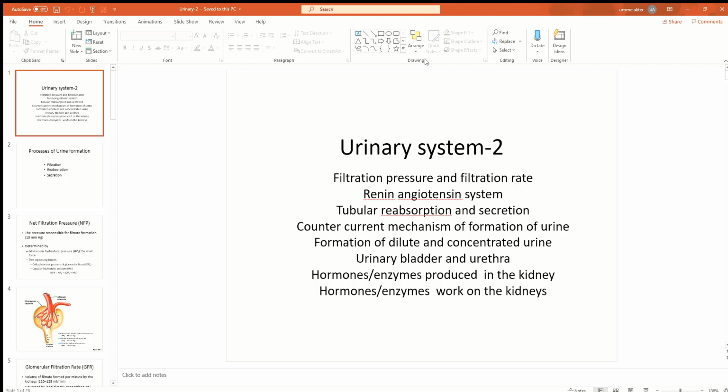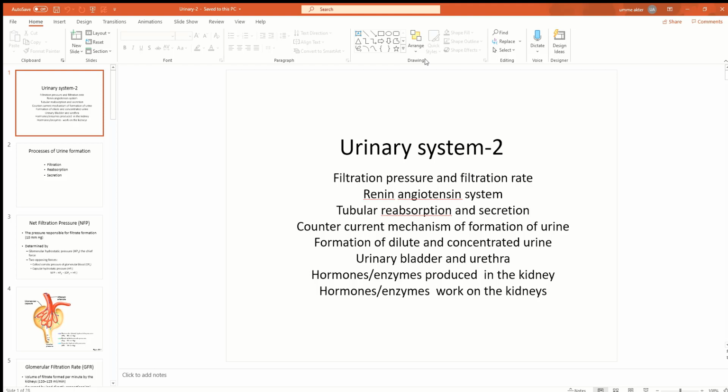Then we'll talk about the countercurrent mechanism. Countercurrent mechanism is a mechanism of forming concentrated urine. Okay, so how the concentrated urine is formed by countercurrent mechanism, we'll see that.